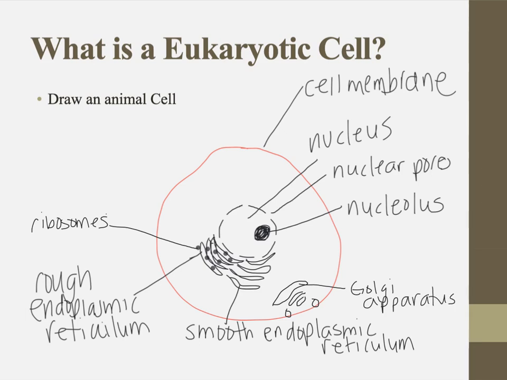You have to draw it as a series of little stackable membranes here, and in order to get credit for your drawing, you have to draw these tiny little things, which are known as vesicles. We're going to learn a lot more about vesicles in a couple chapters, but basically the Golgi packages stuff, and it packages it in what's called a vesicle. So by drawing the vesicles, you're telling the reader that you know the function of the Golgi, and that's good. We like that.